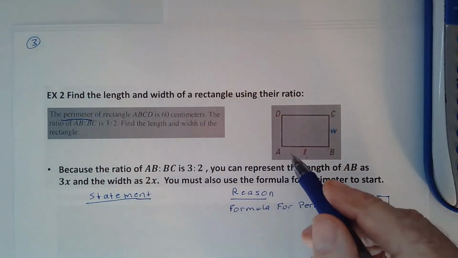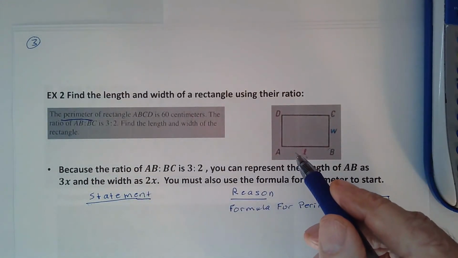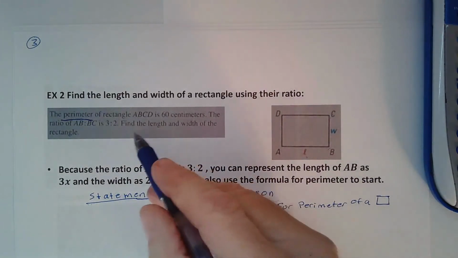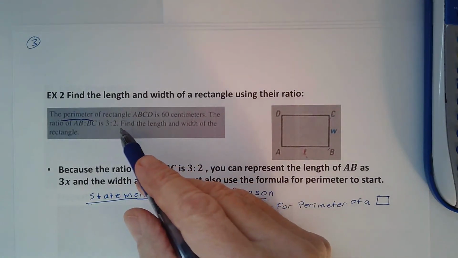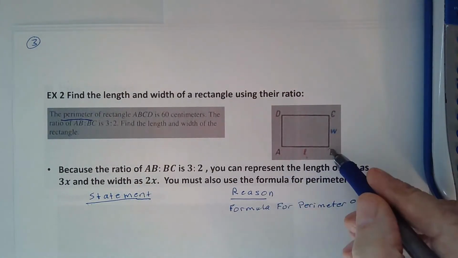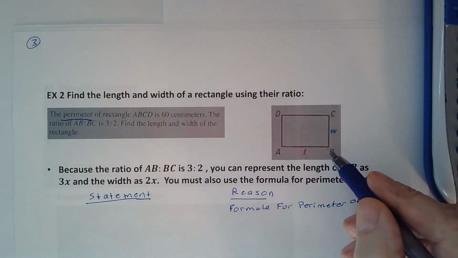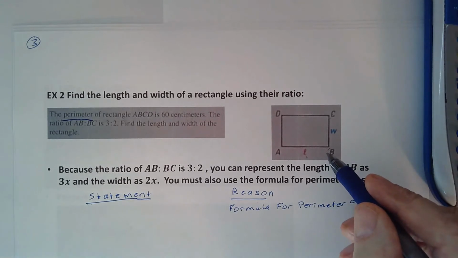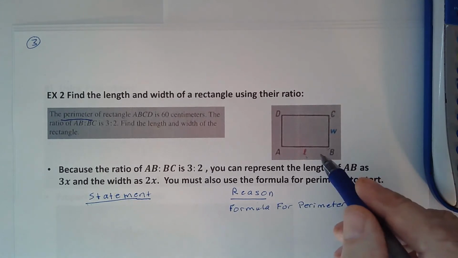So let's see. AB, this first one, is the length. So the length is, let's see here. Yeah, the length is 3 and the width is going to be 2. That's going to be the ratio.